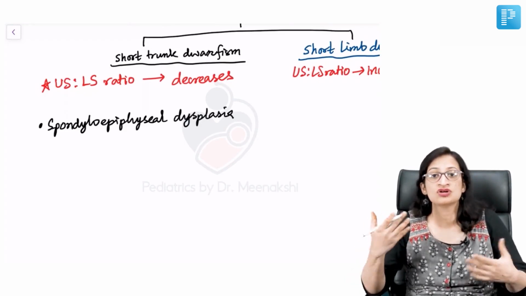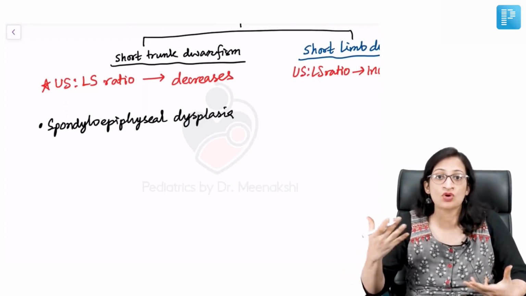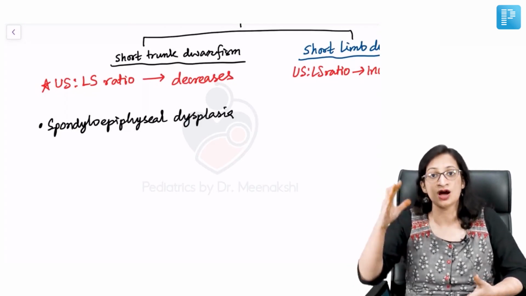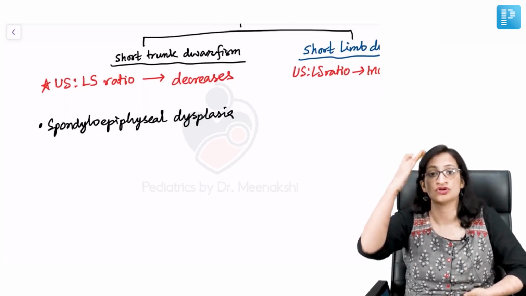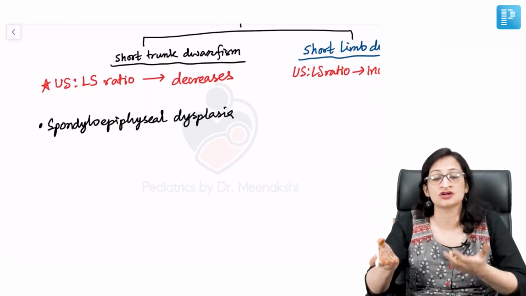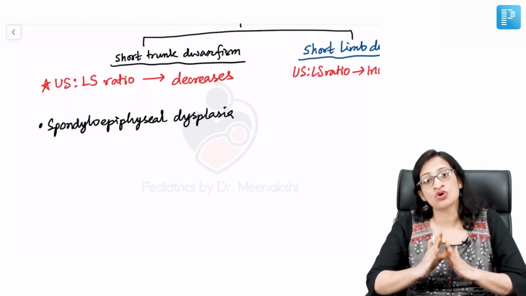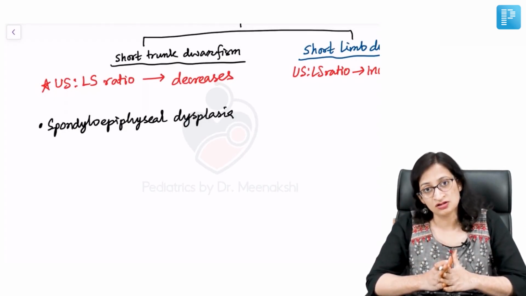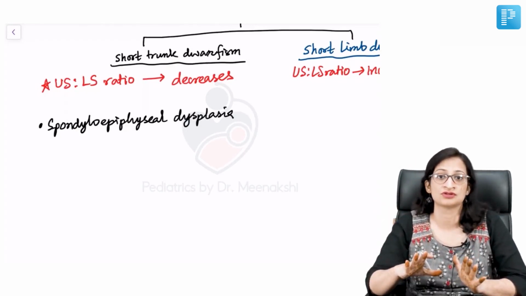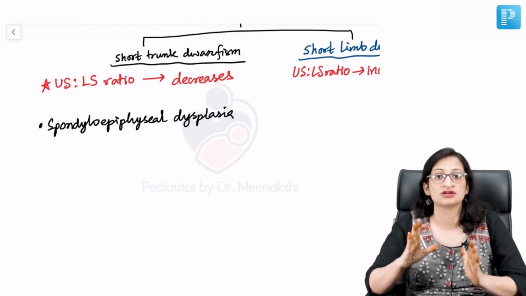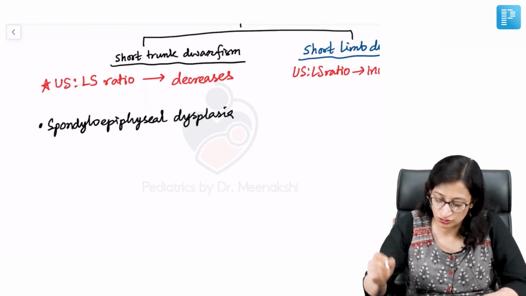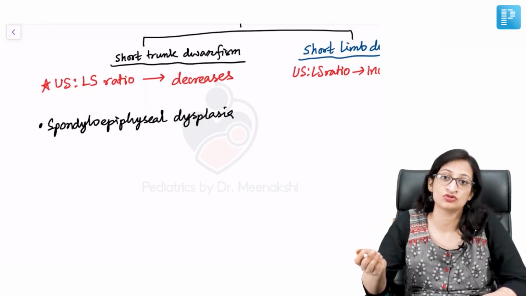Because the spine or the vertebral column is more affected here, the upper segment is mainly involved because the vertebrae are involved. So it is a cause of short trunk dwarfism. So causes of short trunk dwarfism are the conditions where predominantly the vertebral column is involved. We will get short trunk dwarfism. Okay. So spondyloepiphyseal dysplasia, spondylo meaning spine.